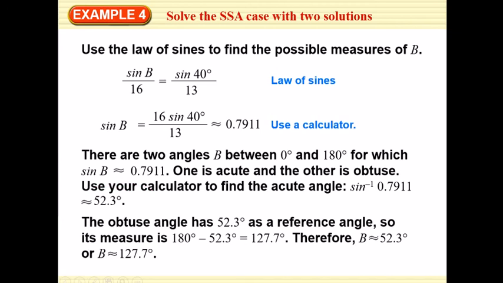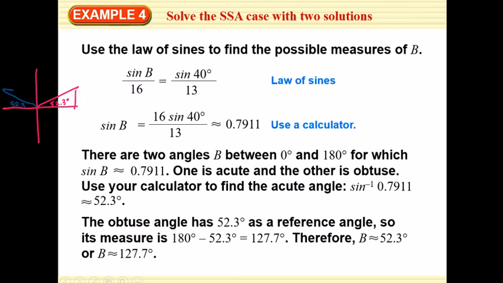So here's what happens. The obtuse angle has a 52.3 degree angle as a reference angle. Recalling what a reference angle means, either I've got 52.3 degrees here in this little triangle, or this reference angle is 52.3 degrees, but the triangle that is made instead is this one.